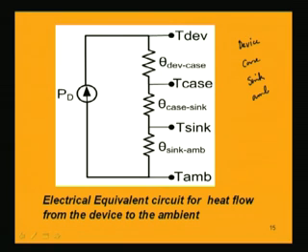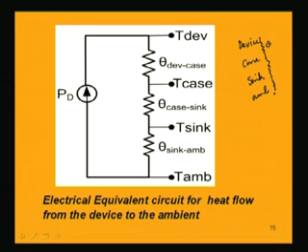So, if we consider the transistor device at this end and the ambient air at the other end, in between we have the resistance from device to case, then from the case to the heat sink, and then from the heat sink to the ambient temperature.